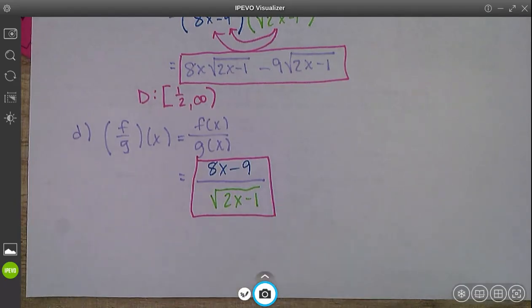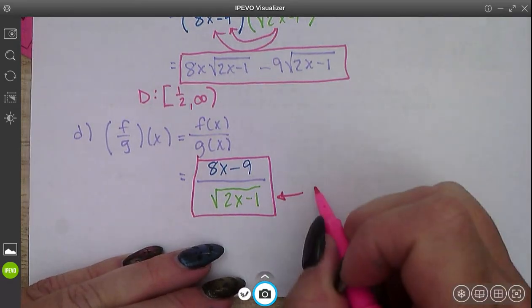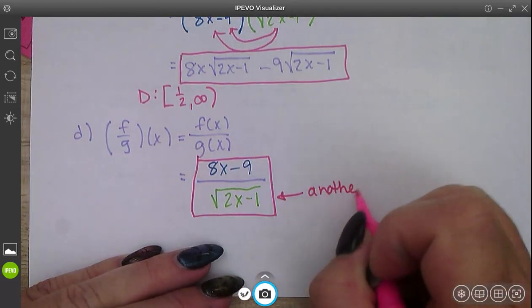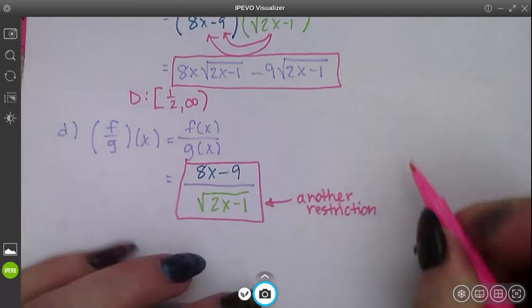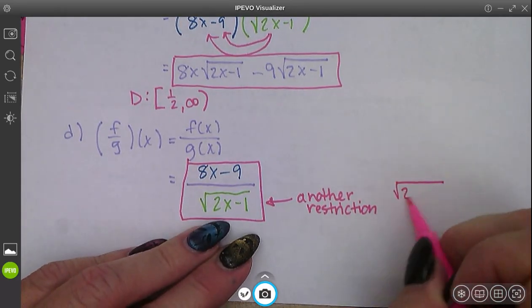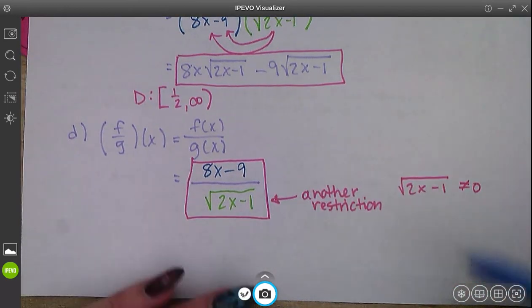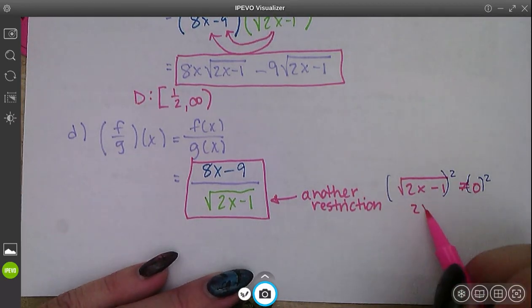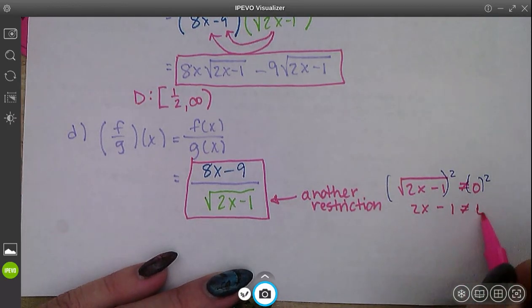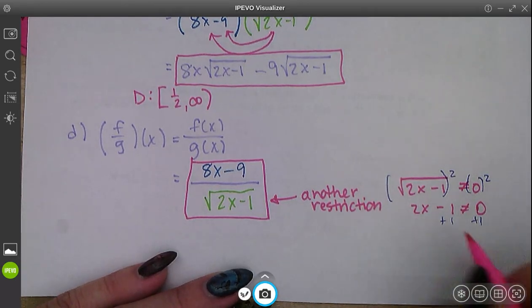Let's look at the domain though. This domain has an additional restriction because we just put a variable in the denominator. So that restriction says that I have to take the denominator and set it not equal to 0. If I work through that by squaring both sides, that gives me 2x minus 1 cannot equal 0. Add 1. 2x cannot equal 1.